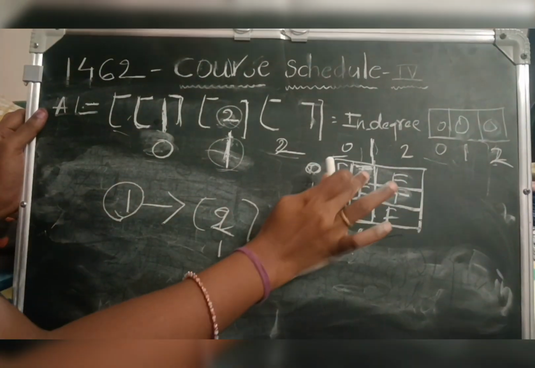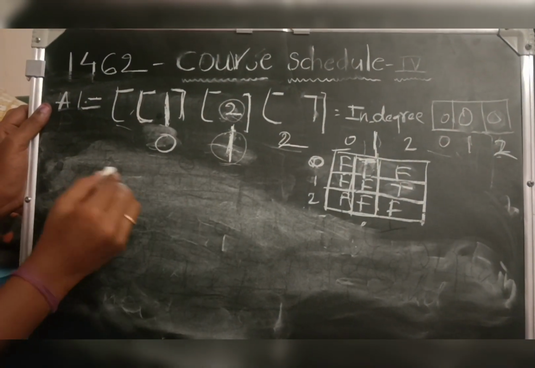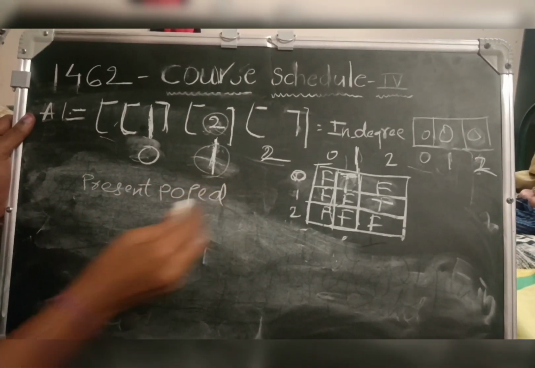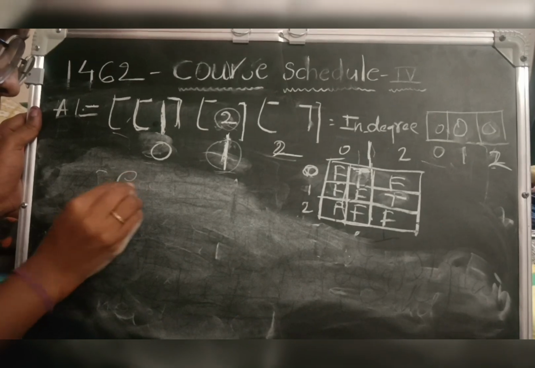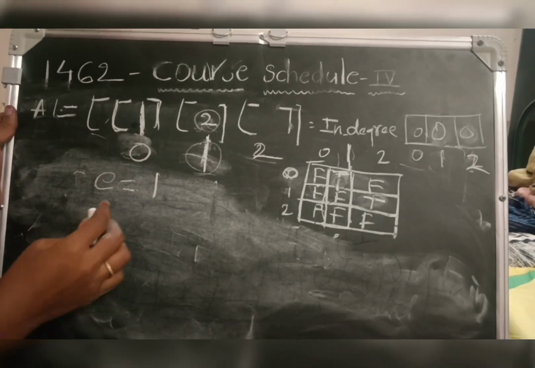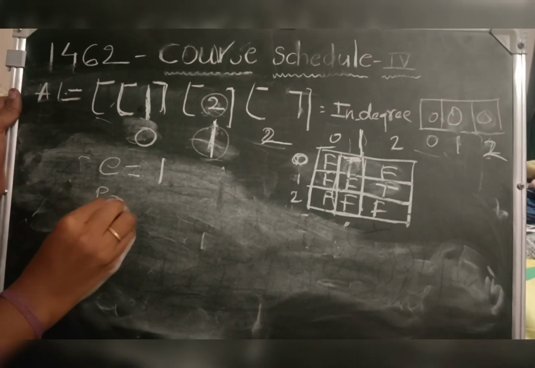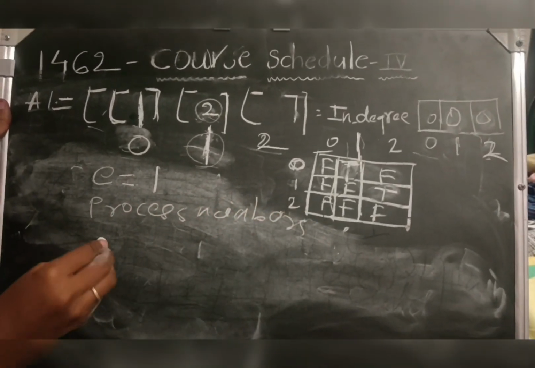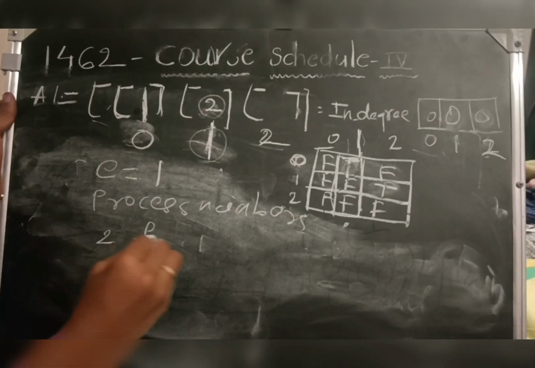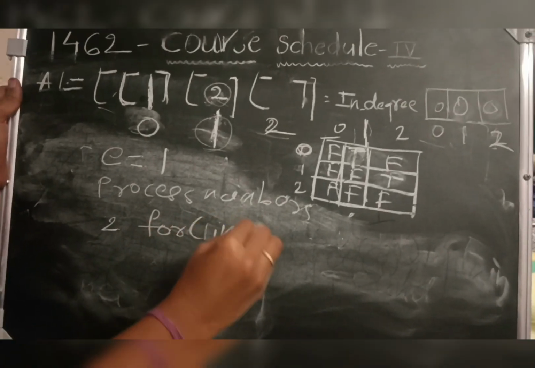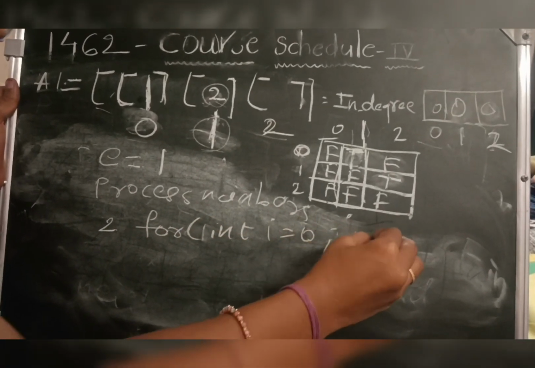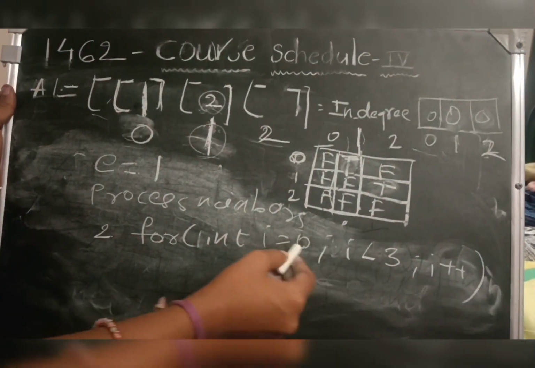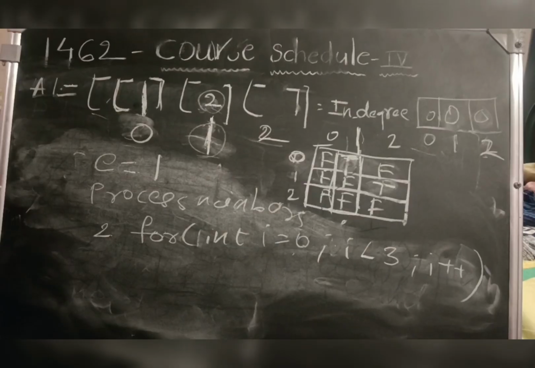As an example, let's consider our present popped element is E, that is 1, and we are processing the neighbors, which is 2. So what we want to do is for i equal to 0, i less than 3, i plus plus, because there are only 3 vertices, so I'll directly mention integer values only.